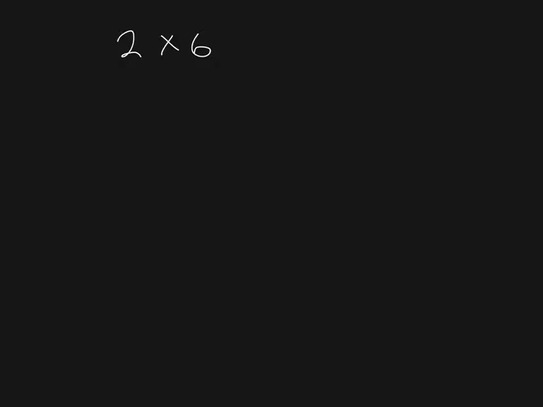Let's start off by reviewing multiplication with whole numbers. For example, 2 times 6. There's a lot of different ways that we can think about 2 times 6. We could think of it as 6 times as much as 2. We can think of it as 6 plus 6.